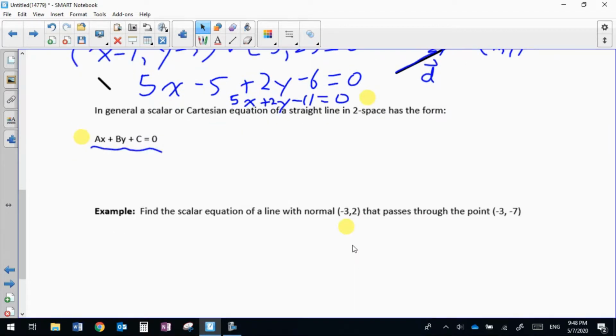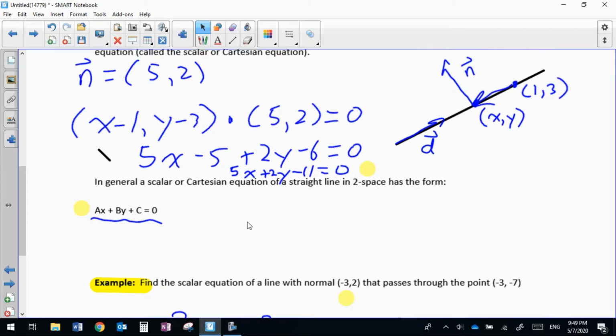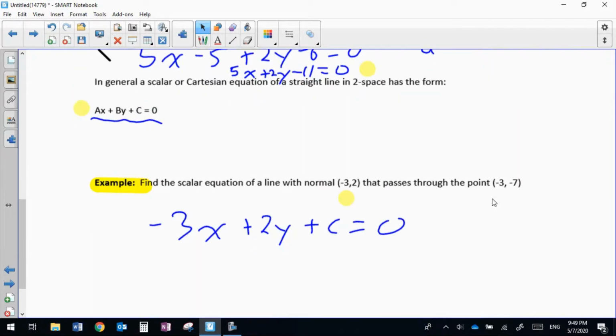In this example, my normal is negative 3, 2, which means a is negative 3 and b is 2, meaning the equation technically is going to look like negative 3x plus 2y plus c equals 0. Now I could find c by doing what I did up here, or I could just sub the point in, since the c value's got to be whatever balances the equation. So sub in the point negative 3, 7.